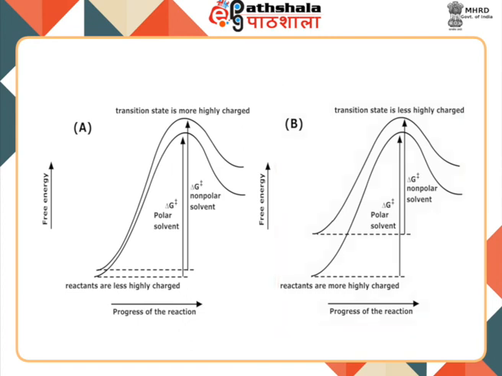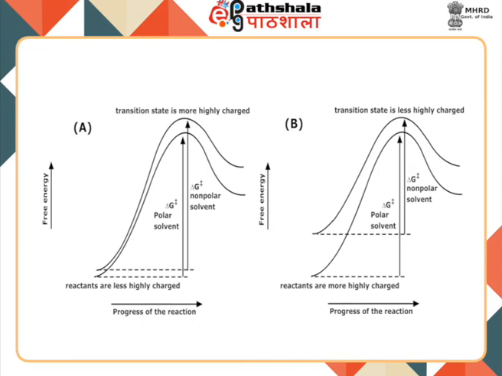For SN2 mechanism, polar solvents stabilize the reactants more than the transition state, as the charge is more dispersed in the transition state. Therefore, polar solvents slightly decrease the rate of SN2 reactions.